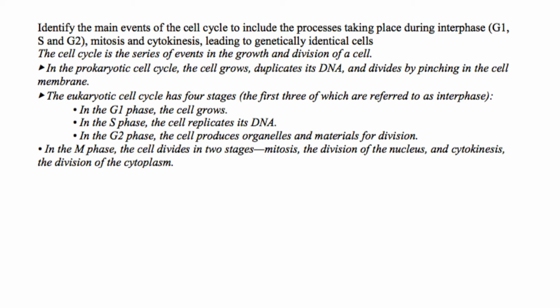The first 3 are the interphase, made of the G1 phase, S phase and G2 phase. After this is the M phase. In this M phase, the cell divides in 2 stages, the mitosis and cytokinesis. Cytokinesis is the division of the cytoplasm. This follows mitosis, which is the division of the nucleus.